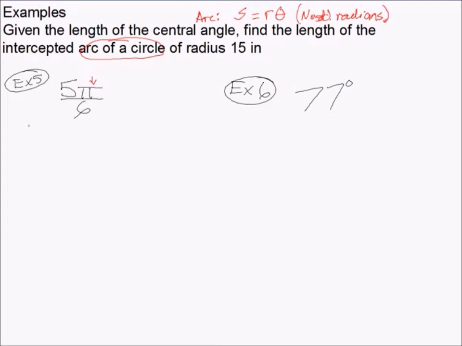So I have my formula right here: S equals R theta. What you need to have memorized is S means arc. So I will have S equals 15. And how do I know it's 15? Because radius is 15.